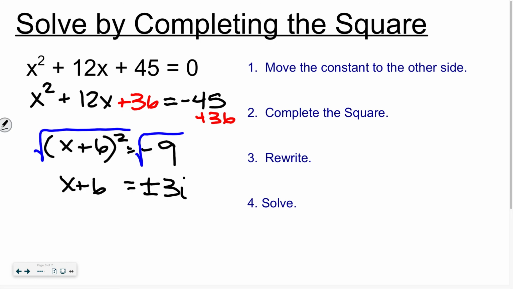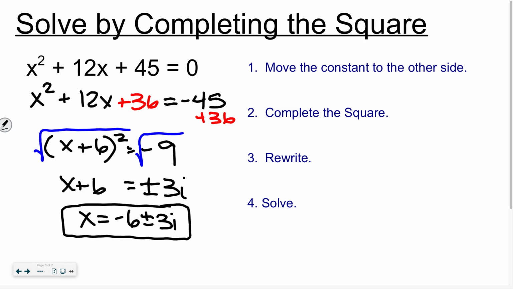It is 3. And then subtract 6, so x equals negative 6 plus or minus 3i. Now, I cannot add negative 6 plus 3, negative 6 minus 3 because they're not like terms. So I have two imaginary solutions: negative 6 plus 3i and negative 6 minus 3i.